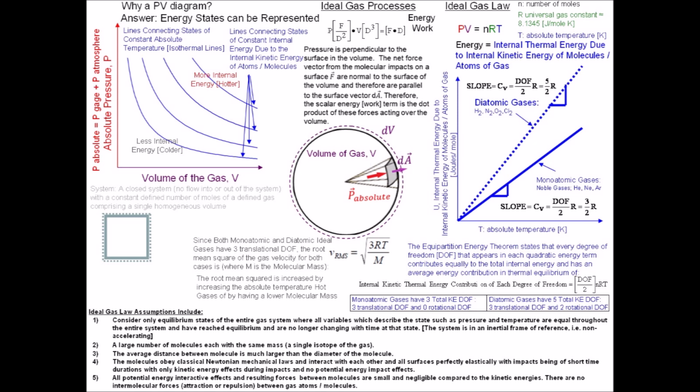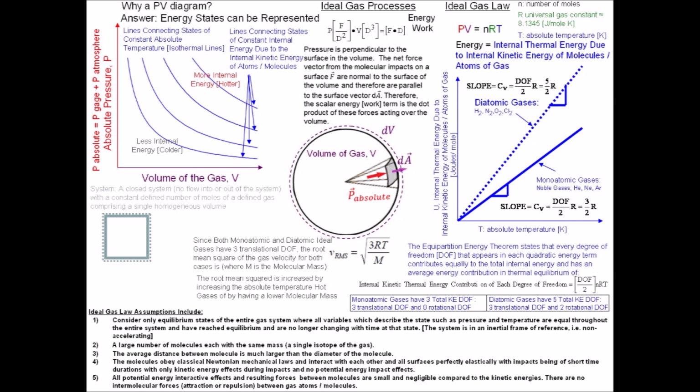In the PV diagram, I think it is very helpful to show lines of constant internal thermal energy, which, since internal thermal energy is nRT, is proportional to temperature. These lines are often called isothermal lines, but they're actually both. They're isothermal lines, and they're lines connecting states of constant internal energy due to the internal kinetic energy of the atoms or molecules.